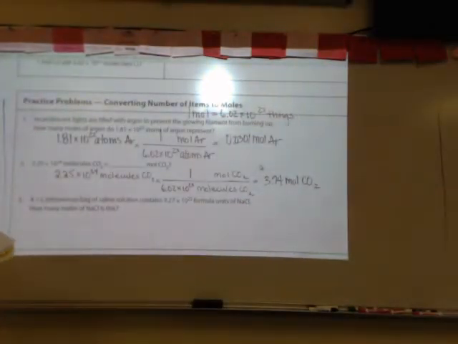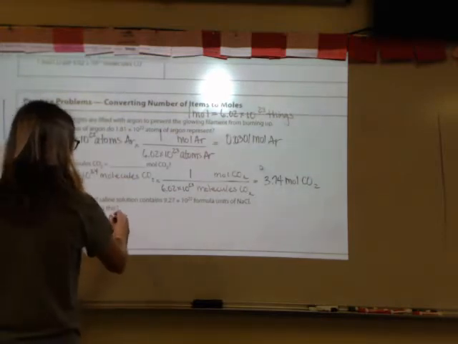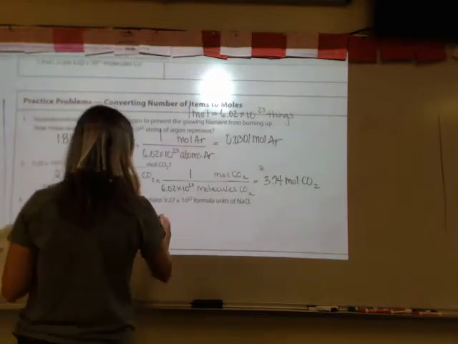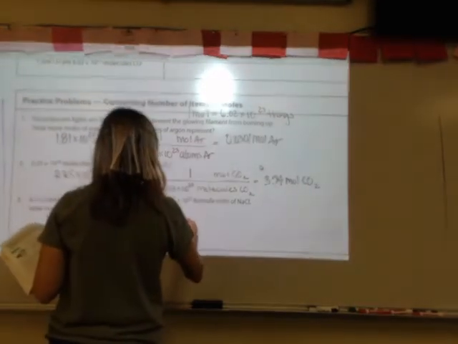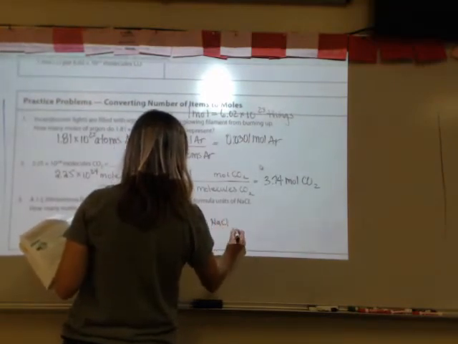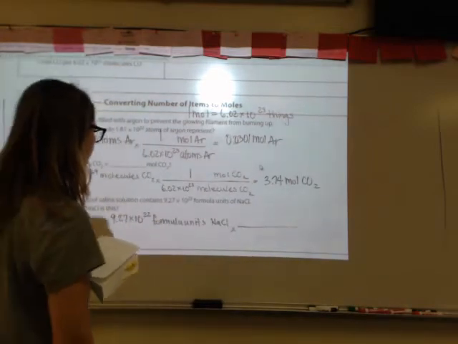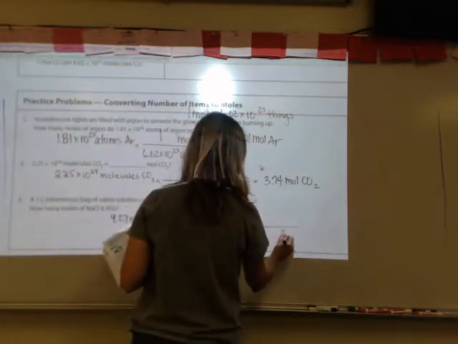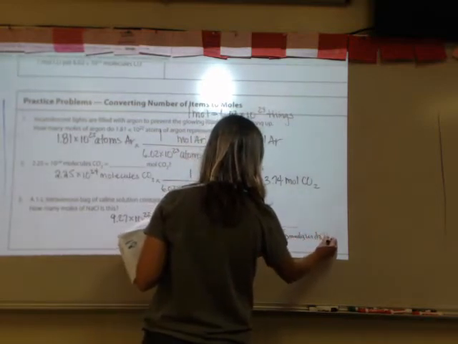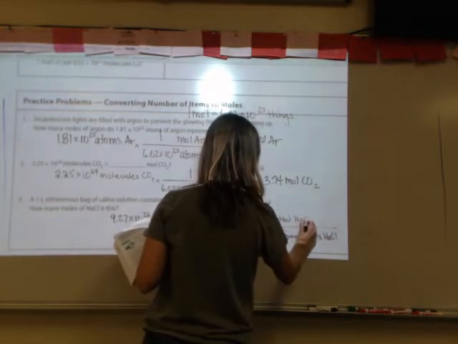Number 3, a 1 liter intravenous bag of saline contains 9.27 times 10 to the 22nd formula units of NaCl. How many moles of NaCl is in this? So that means your formula units are going to go on the diagonal, and we're going to moles, so that will go on top.